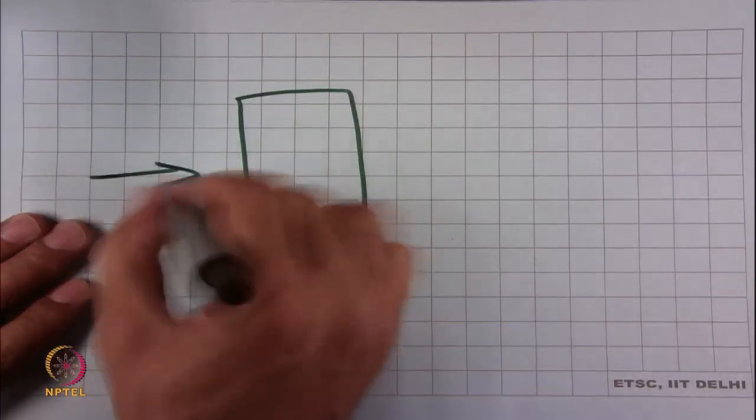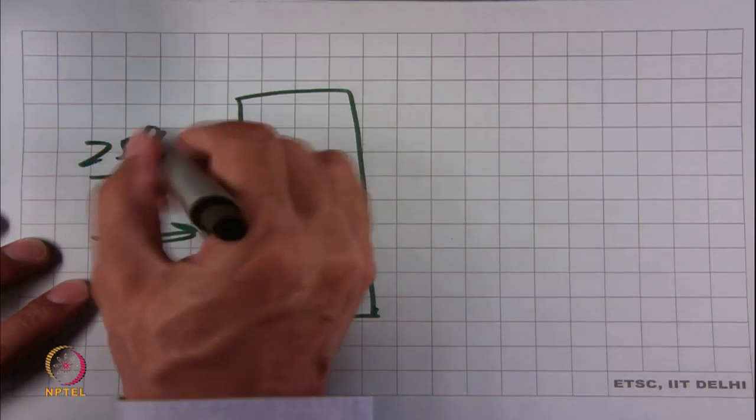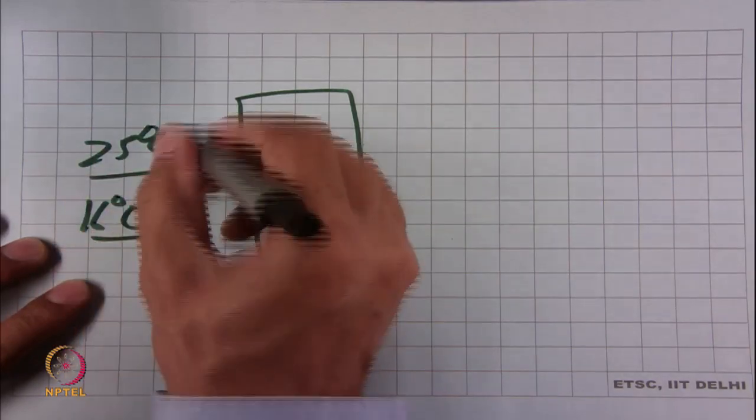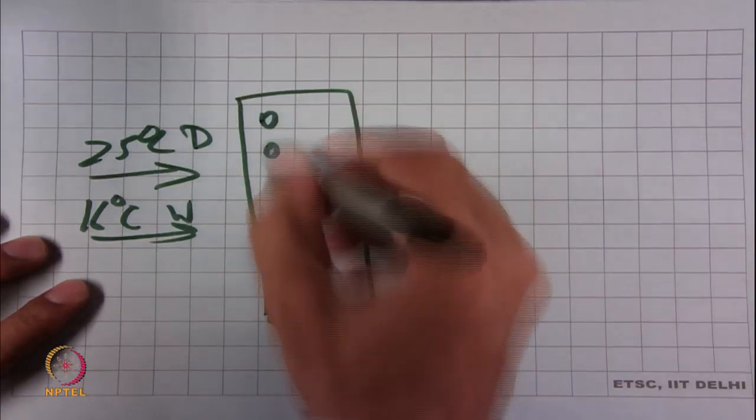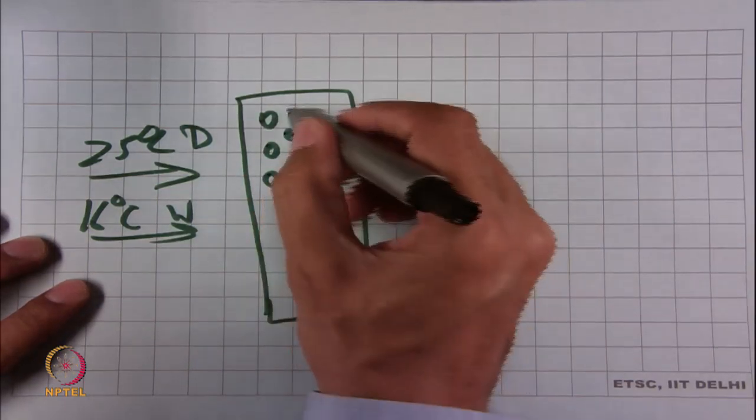So let us say we have air coming in at 25 degrees centigrade, 16 degrees centigrade, this is dry bulb, this is wet bulb, and then we have different tubes in each of these circuits.